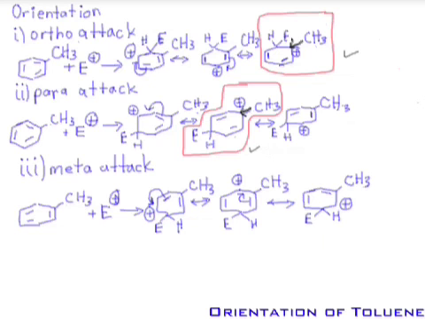Now, what about the halogen case? If the halogen actually directs ortho para and dumps in electrons by resonance, why is it a deactivated ring?